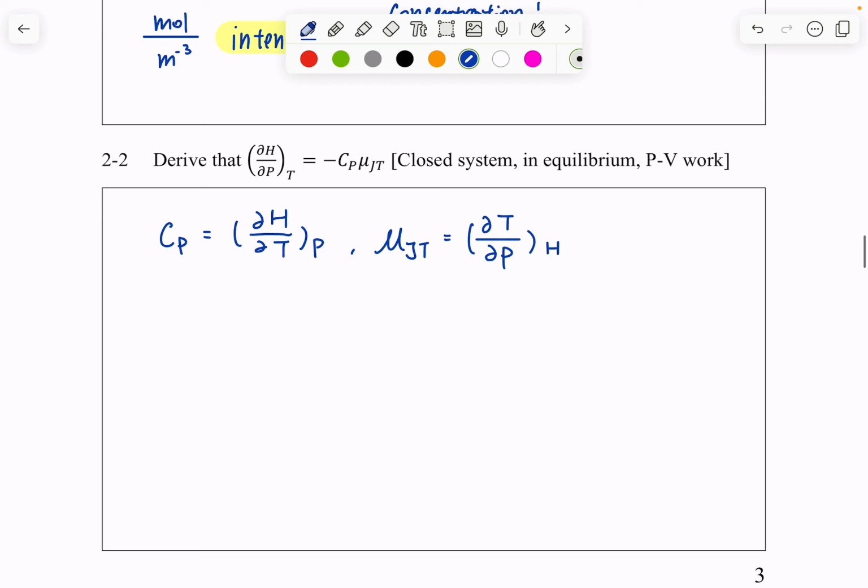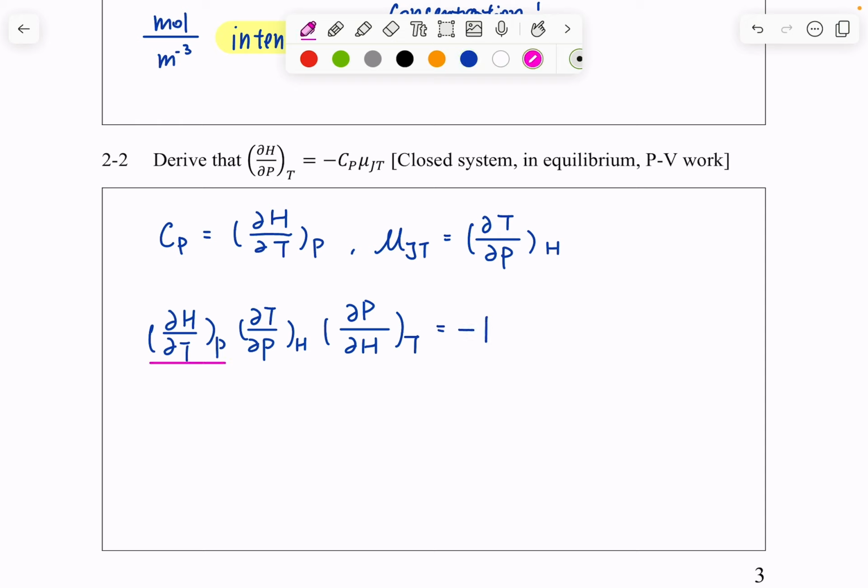And let's write it out. What do we have here? We have straight partial derivatives with respect to T, H, and P, so we can use our cyclic rule. dH over dT at constant P, dT over dP at constant H, dP over dH at constant T equals -1.